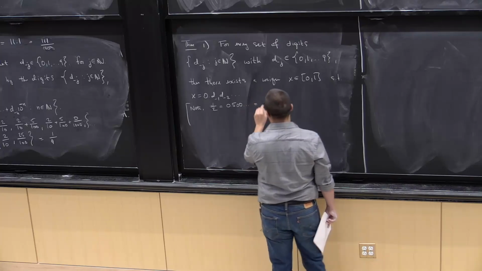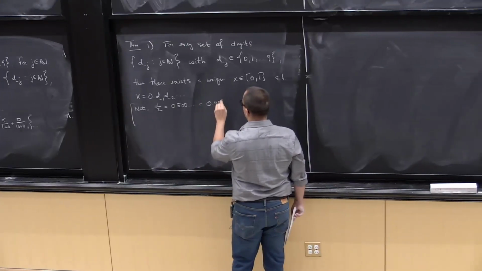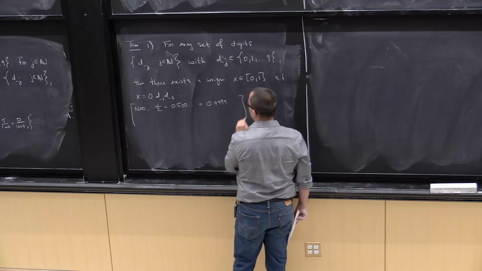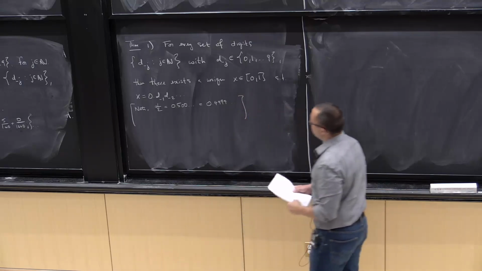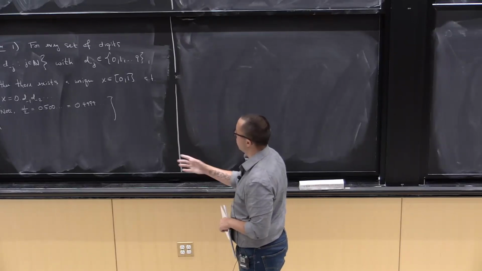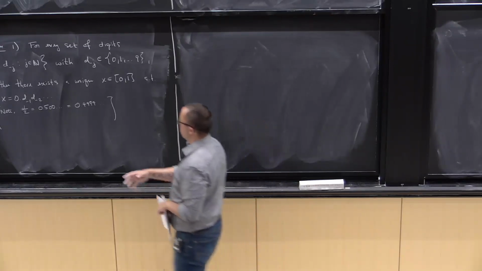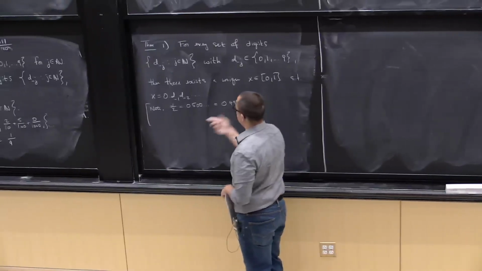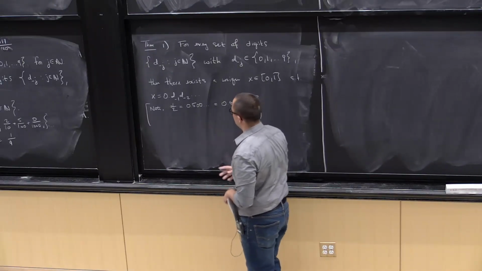But this is also equal to 0.4999, and so on. So yes, every set of digits gives me a unique real number. So if I gave you these digits, they would spit out 1/2, and only 1/2. It wouldn't spit out a 4th.